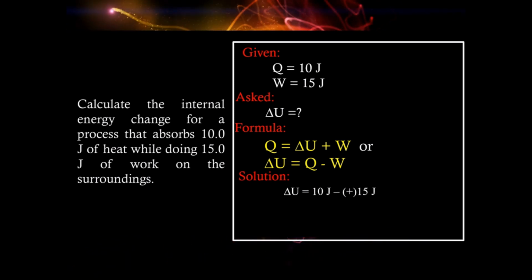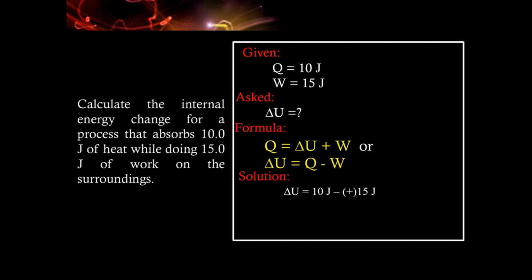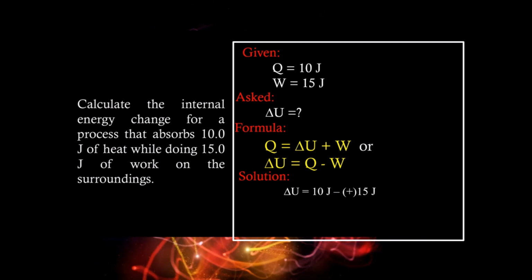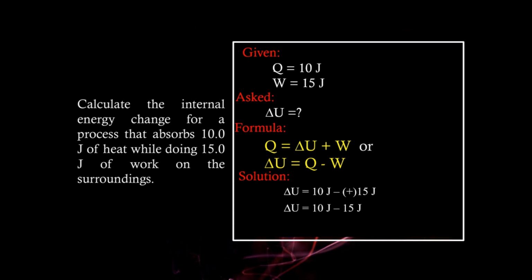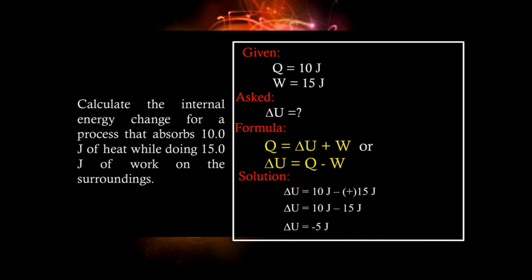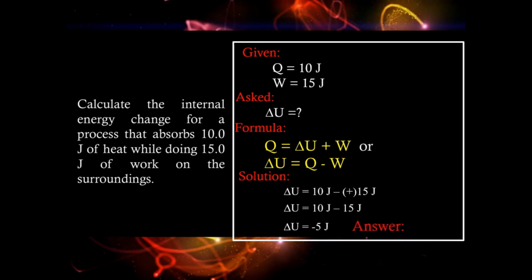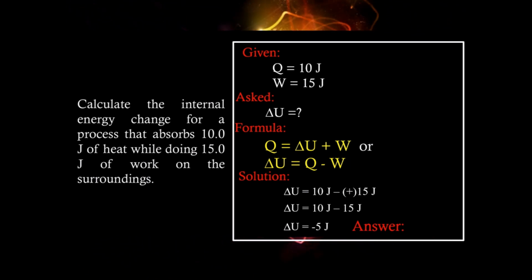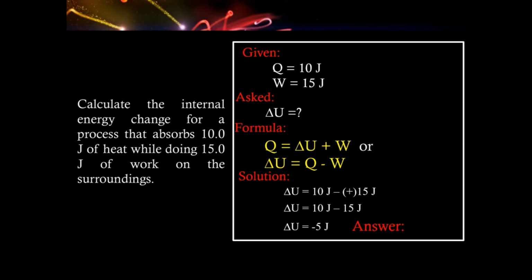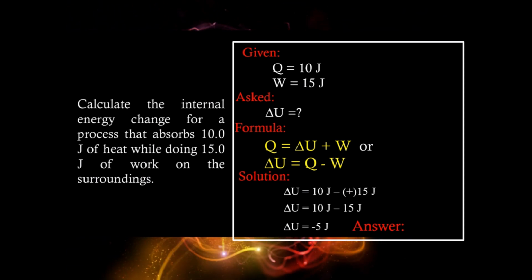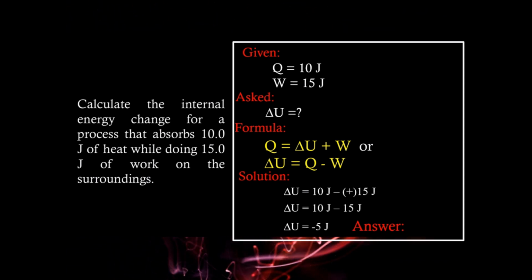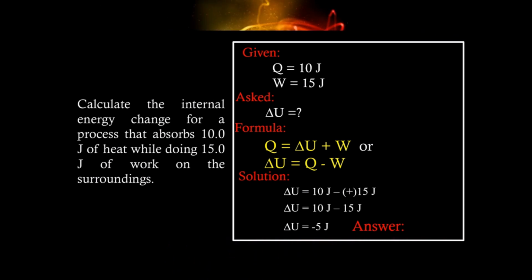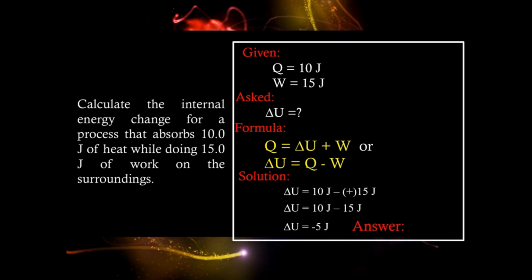So that will be equals 10 joules minus 15 joules. So the answer should be negative 5 joules. That is the final answer. For another example, go to sample problem 10.4, page 182 of your science textbook.